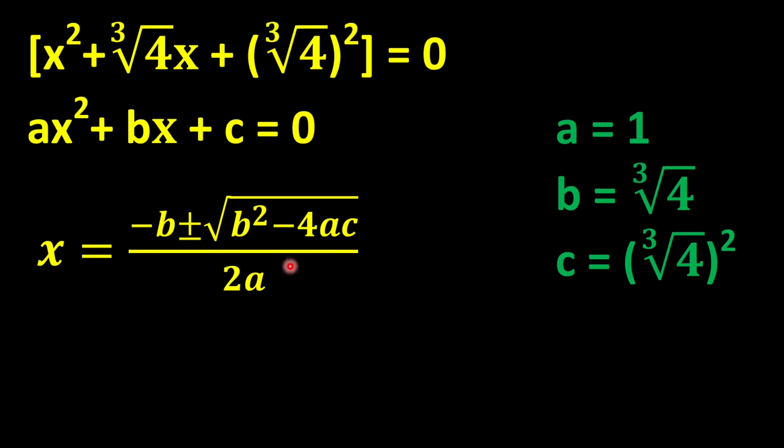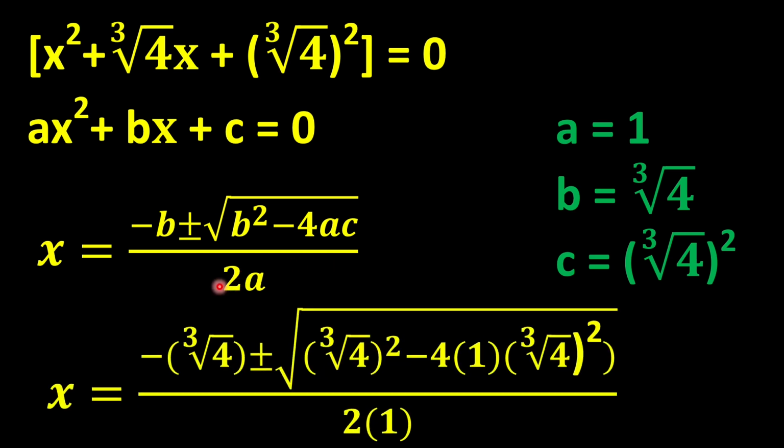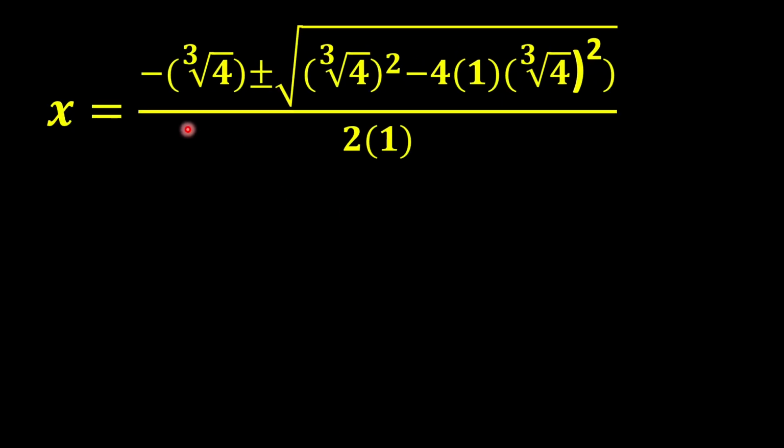So now we will put these values in this quadratic formula. So minus b is minus cube root of 4 and plus minus under the root b square minus 4ac divided by 2a. So after putting these values, this equation will become like this: (cube root of 4) square minus 4 times (cube root of 4) square, and divided by 2 into 1.